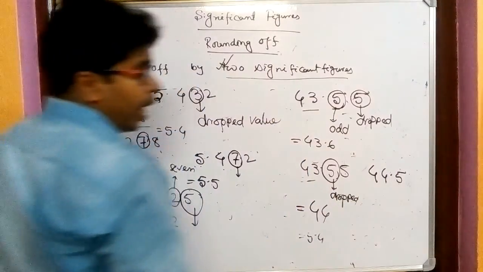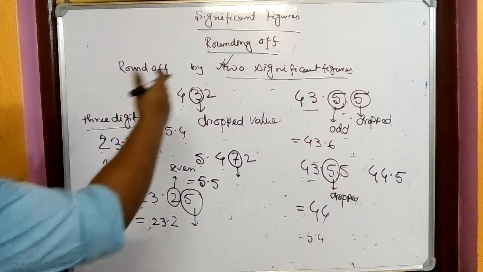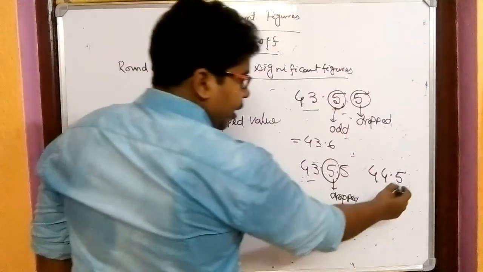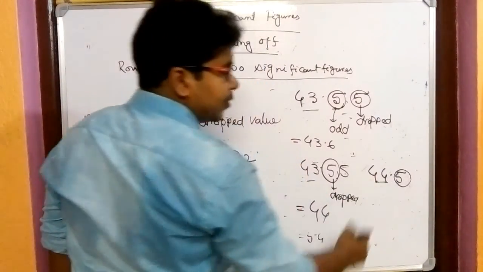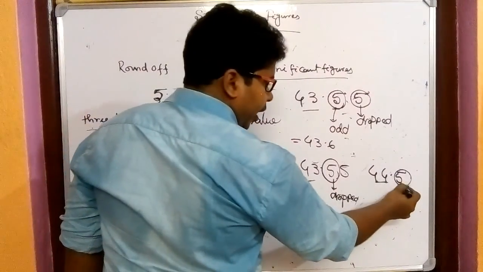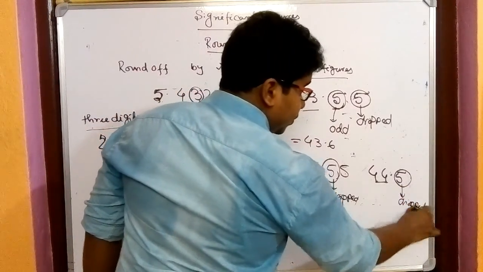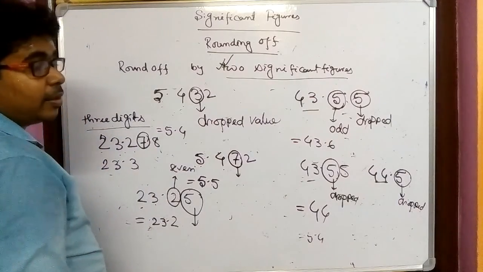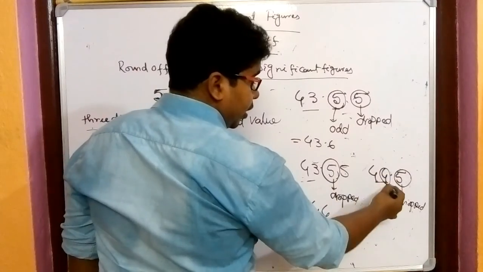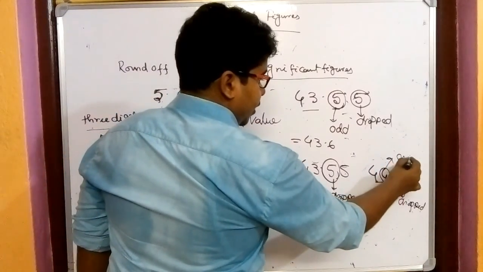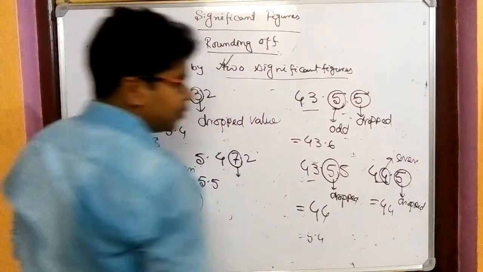But if it is 44.5 and it is told you have to round off to 2 significant figures, here 44 is the 2 significant digits. 5, very interesting thing, it is the dropped value. As 5 is the dropped value, the previous digit is 4, which is even, so it will stay as it is, 44.